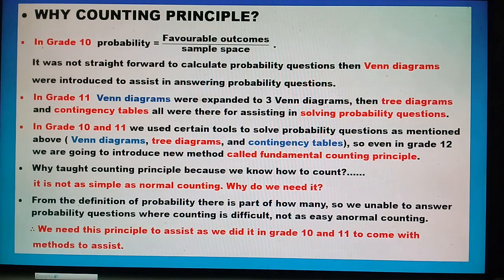Therefore, as we did in Grade 10 and Grade 11, we come up with methods to assist us. Even in Grade 12, we come up with a method called counting principle. That is a tool for Grade 12 that is going to assist us in solving probability questions.